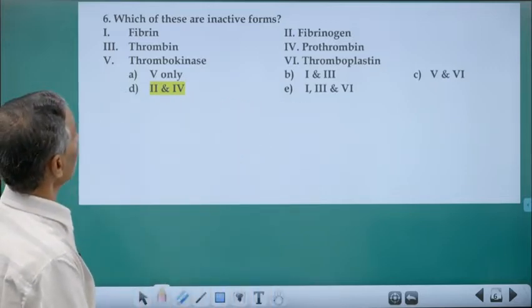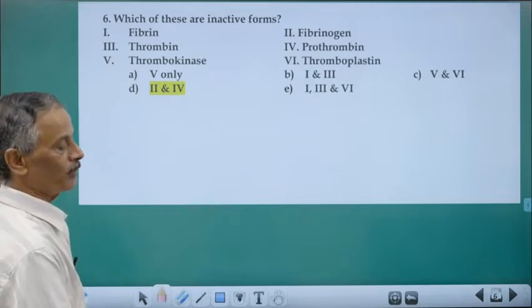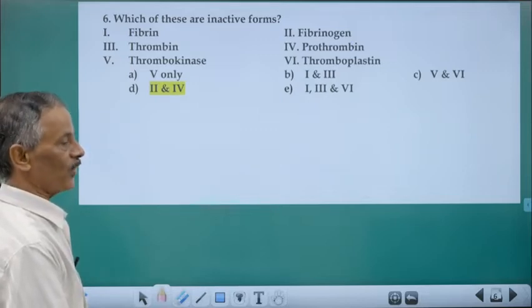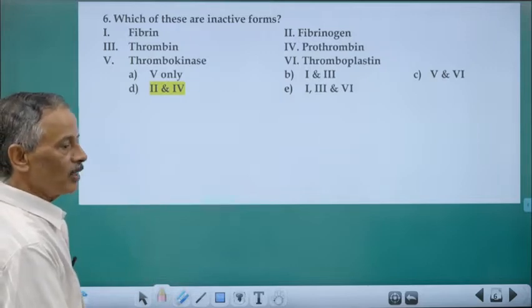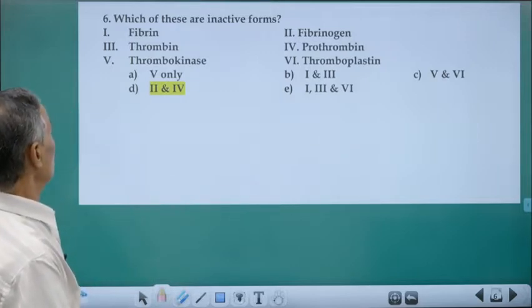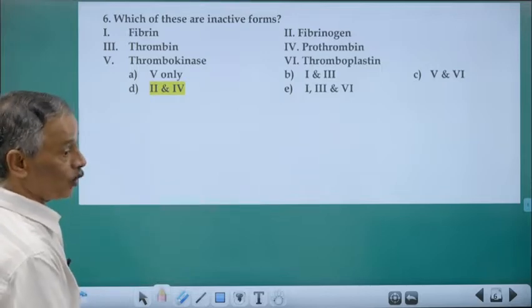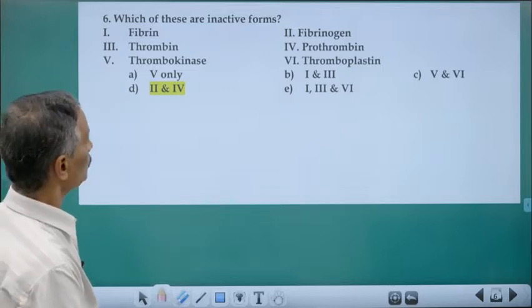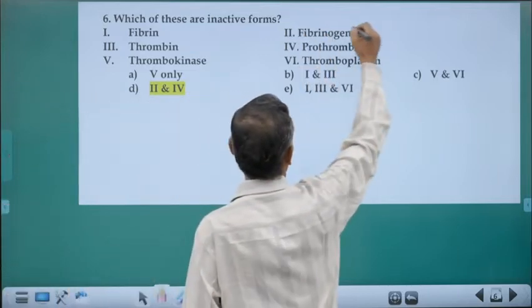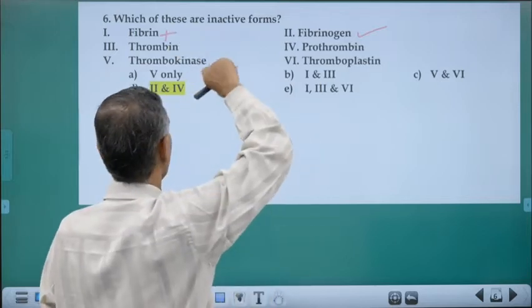Which of these are inactive forms? In blood clotting, a total of 13 factors are involved and some of them are present in an inactive form. Fibrin is an active one, but fibrinogen is how they are present in the blood. Fibrinogen is an inactive one. Fibrin is active. Thrombin is active.